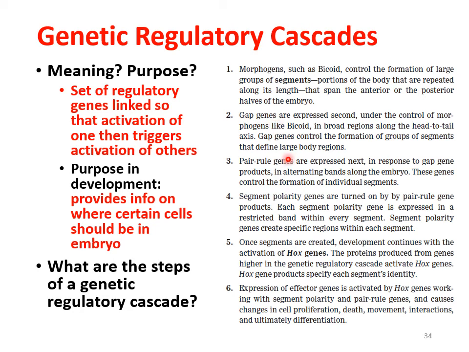And these pair rule genes will ultimately control the formation of individual segments within that embryo, and then that will trigger segment polarity genes. Okay, and these segment polarity genes will basically allow for specific regions to be restricted versus specific regions that need to have expression.